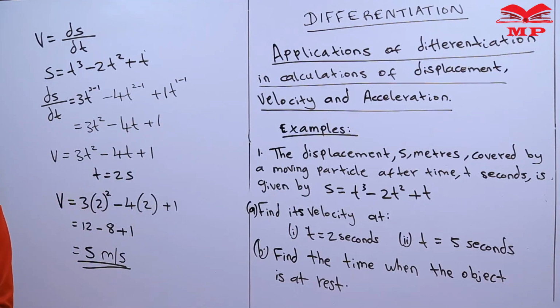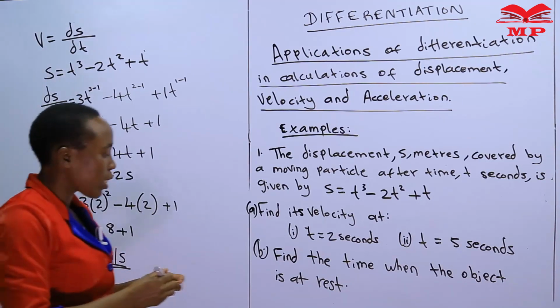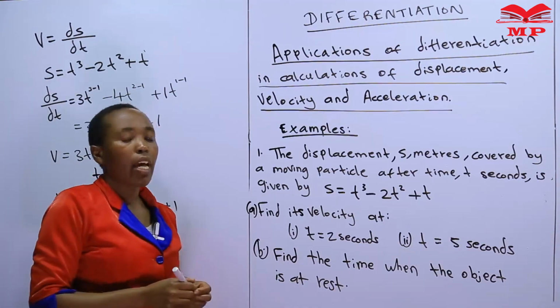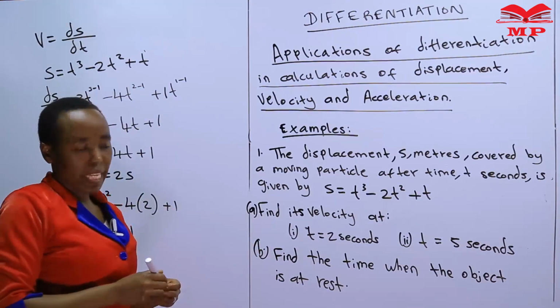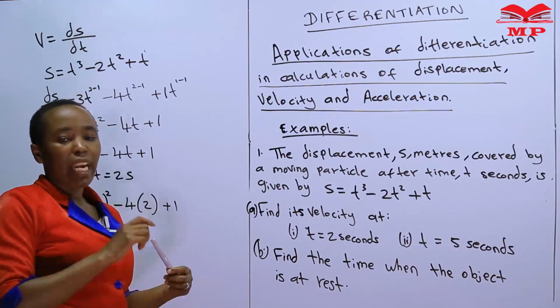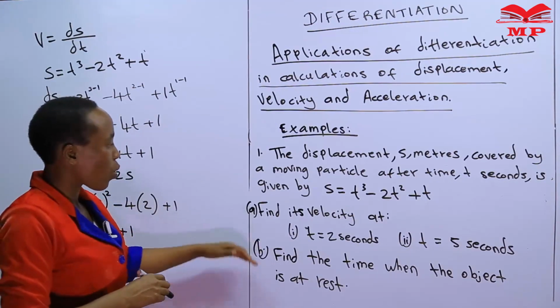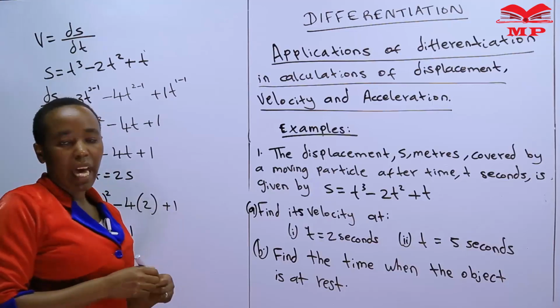Find the time when the object is at rest. Now, when the object is at rest, it is at the turning point. If we were to plot this curve, it is at the turning point.